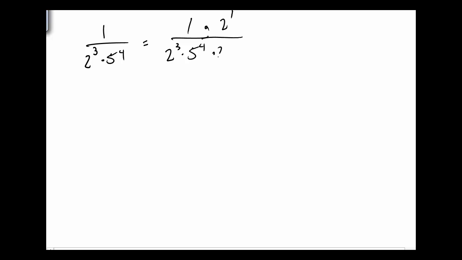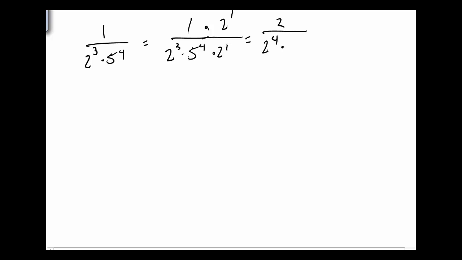Okay, let's do another conversion of a fraction to decimal. So 1 over 2 cubed times 5 to the 4th. Okay, I'm going to try to figure out a way to get that to be some power of 10. And it'd be really great if that 2 cubed is actually 2 to the 4th. So I'm going to multiply 2 to the 1st times 2 to the 1st, which gives me 2 in the numerator.